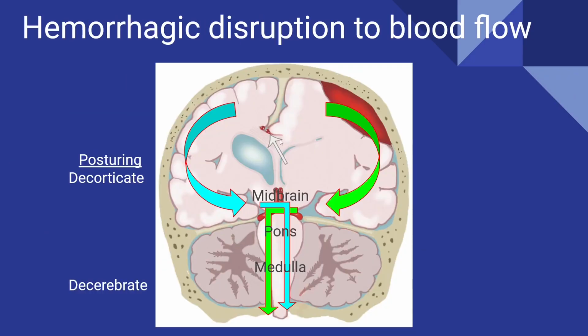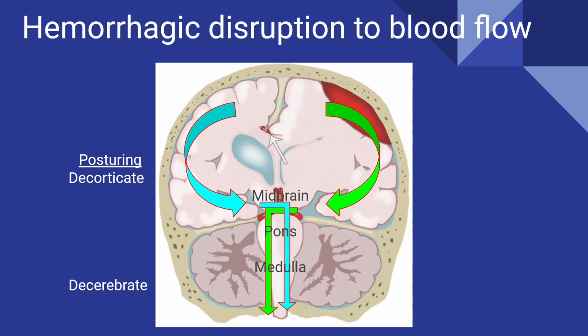So here's this idea again of how nerves cross over in the midbrain. And something you can see with hemorrhagic stroke specifically is posturing. When you start to have pressure applied to the brain, you start to initially see decorticate posturing. So that's when the patient's arms are drawn up into their core.